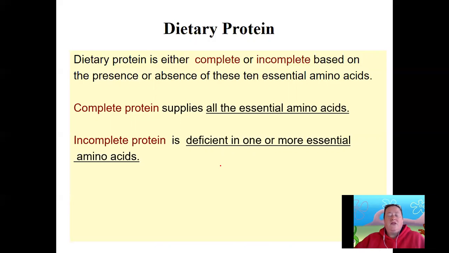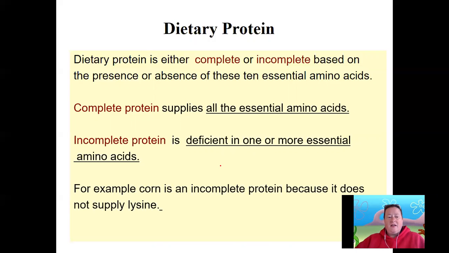So there's this notion out there that people who take on a vegetarian or a vegan diet are not going to get enough protein, and they most certainly can. It says that corn does not supply lysine.